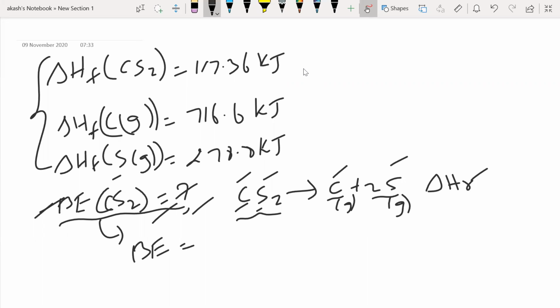Now go for it. How will you write it? Tell me. This in terms of enthalpies of formation, how will you write it? Look at the equation and tell me.